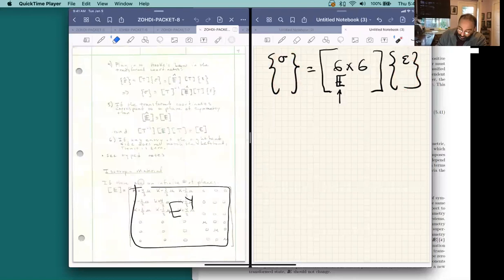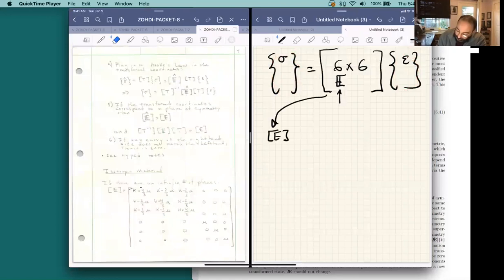And so let me write it here for you. We can rewrite the constitutive law in the following way. We can write this elasticity matrix as: kappa plus 4/3 mu, kappa minus 2/3 mu, kappa minus 2/3 mu, 0, 0, 0.